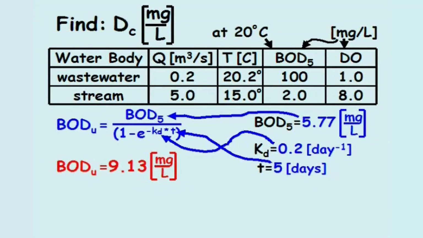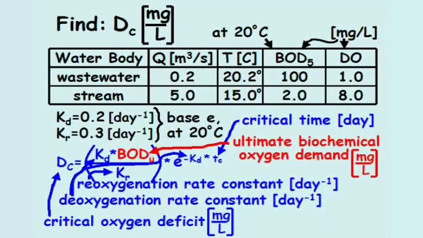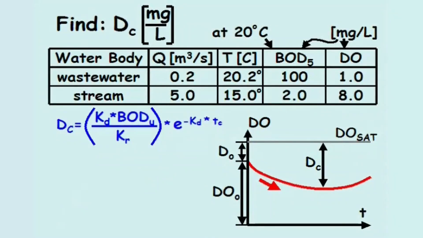Now that the ultimate BOD is calculated, the last unknown variable is the critical time. On an oxygen sag curve, the concentration of dissolved oxygen initially decreases and then rebounds back based on the Streeter-Phelps equation, which involves the rate constants, the ultimate BOD, and the initial oxygen deficit.